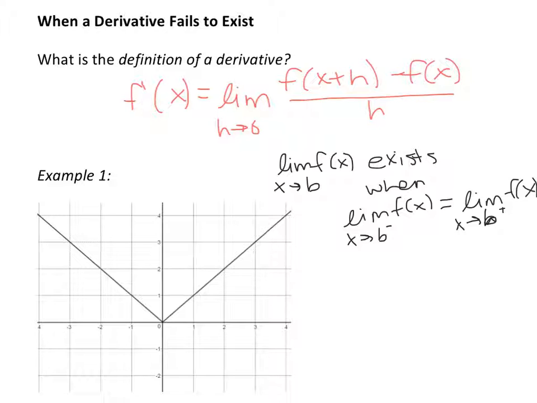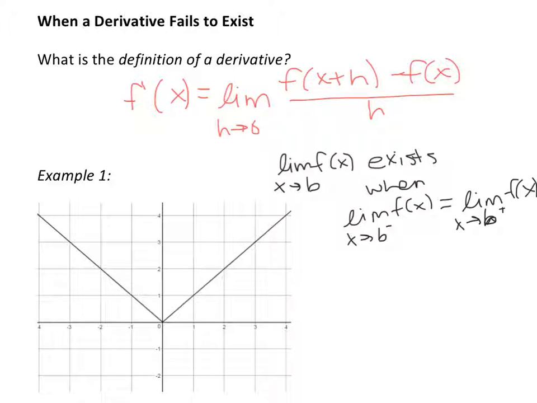The left-handed limit has to equal the right-handed limit. We've talked about that a lot, especially last chapter. So going back to this definition of a derivative, if the limit from the left does not equal the limit from the right, you do not have a derivative. You can't find a derivative at that point.